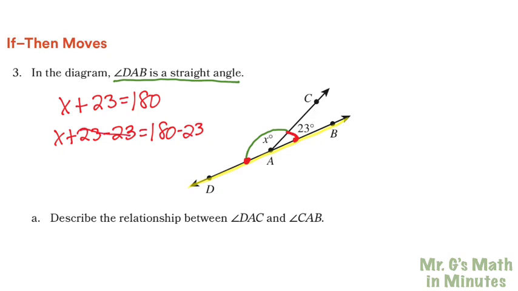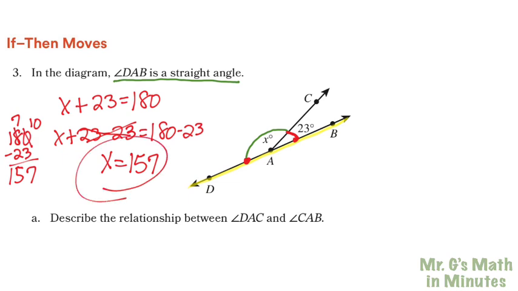So 23 minus 23 is 0, leaving us with X. You can do your math off to the side, like I'm going to work out this 180 minus 23. So we get X is equal to 157.